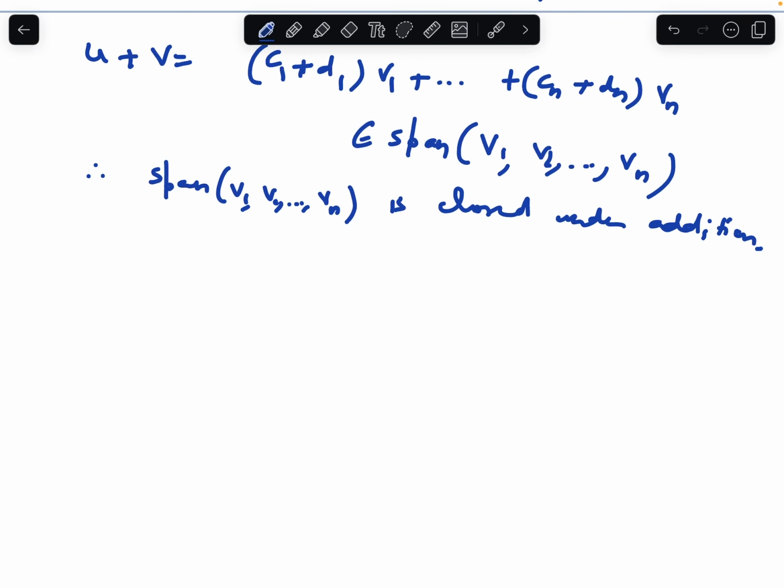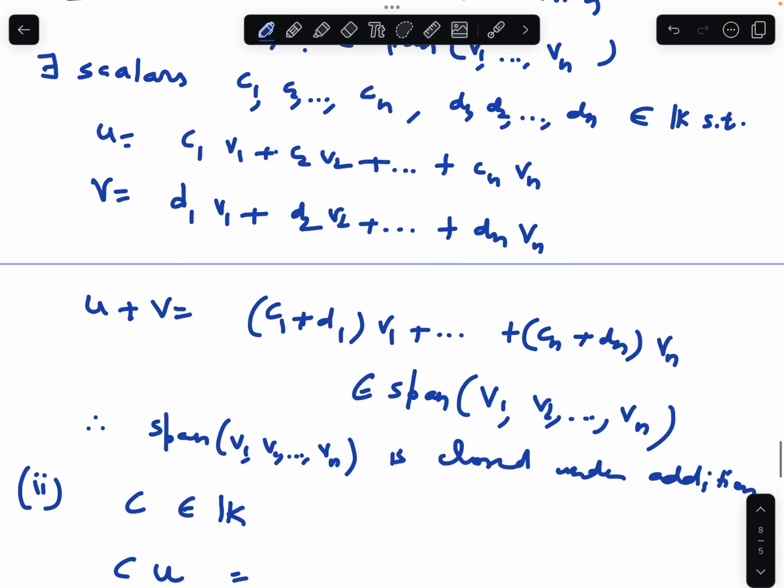And second thing that we have to check is the scalar multiplication part. So take scalar C, then look at Cu. What is Cu? Well, U is equal to this.